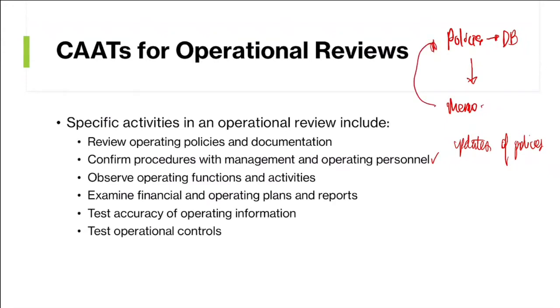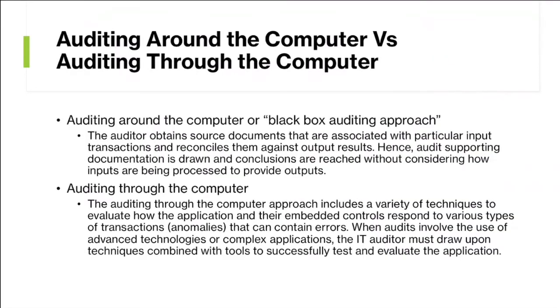So there could be changes that we are not able to see. We just need to confirm that that update actually happened. Then observe operating functions and activities so that we can check that what is documented is what's actually done. Examine financial and operating plans and reports. Test accuracy of operating information and test operational controls.